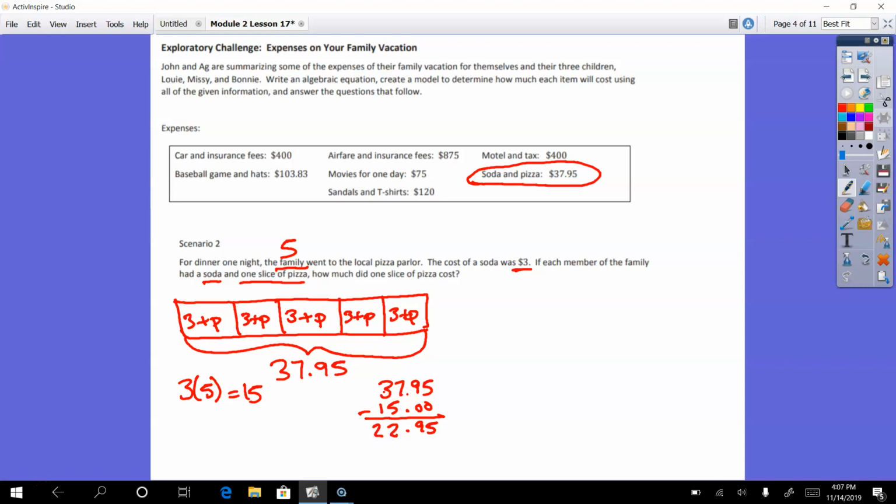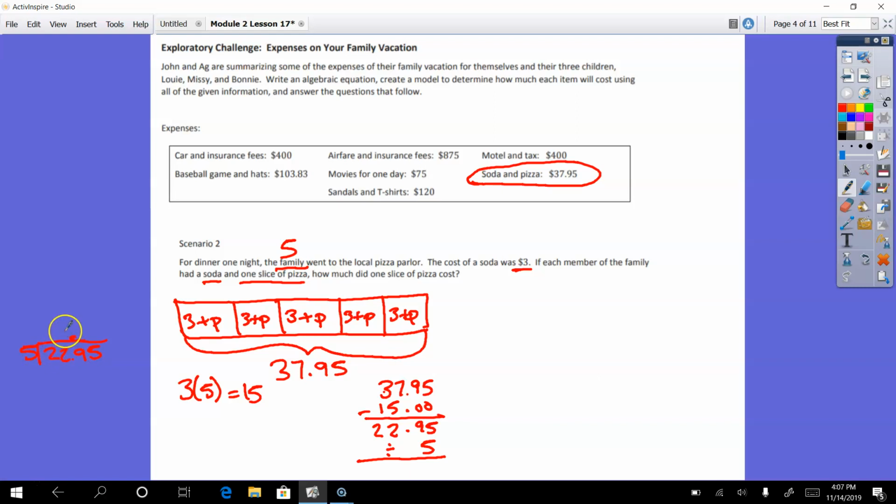Equals $22.95. And then there were going to be 5 slices of pizza, so we're dividing by 5. Okay, so 5 will go into $22.95. Bring that decimal straight up.